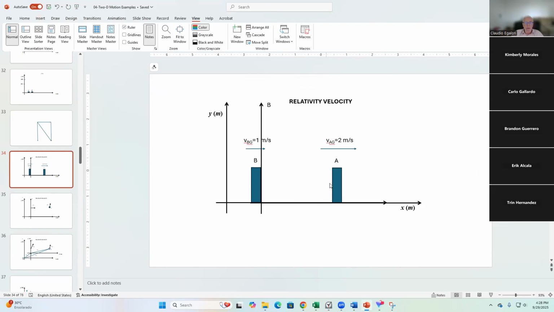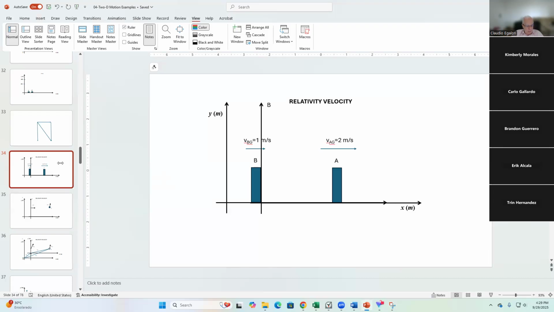Individual A, individual B. Here is the referential of the ground. And what you see right here is the referential of the jogger B. This referential is moving with jogger B, the guy that's walking.